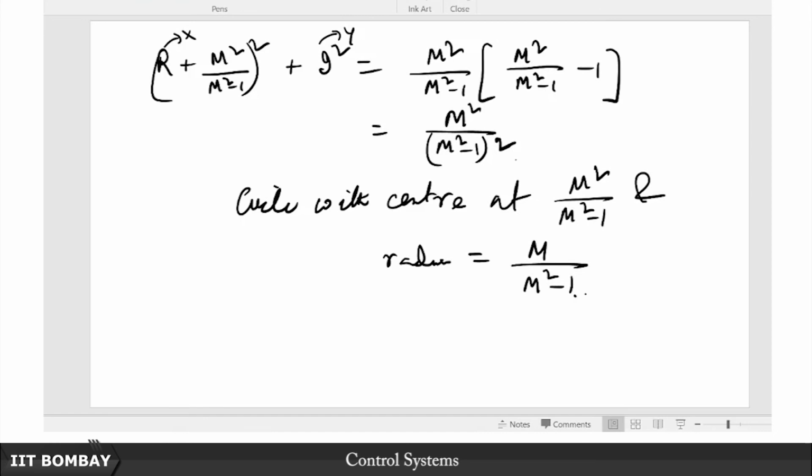That is what this is. So therefore, if I want to draw the constant closed loop gain locus on the Gc plane, here is what it would look like. So for m equal to 1, it passes through this point minus half. What about for m greater than 1?